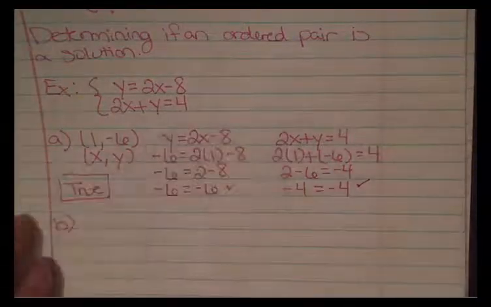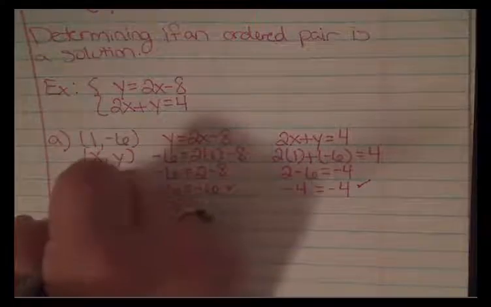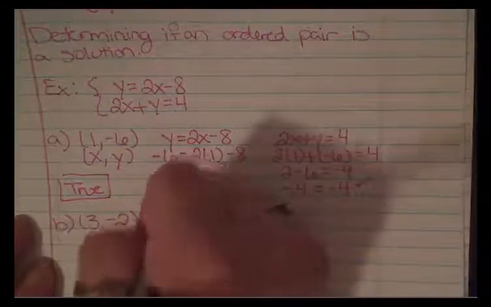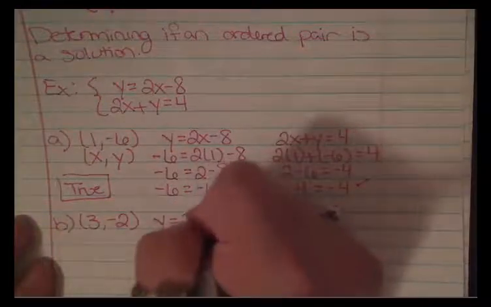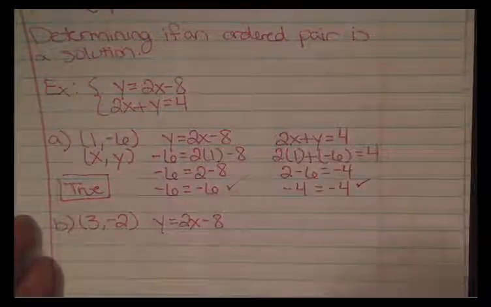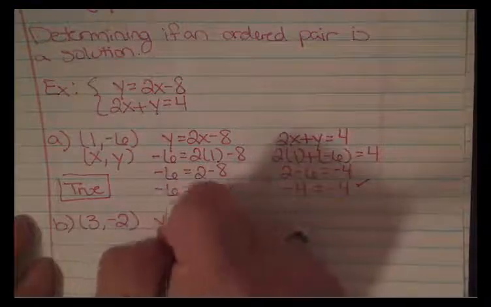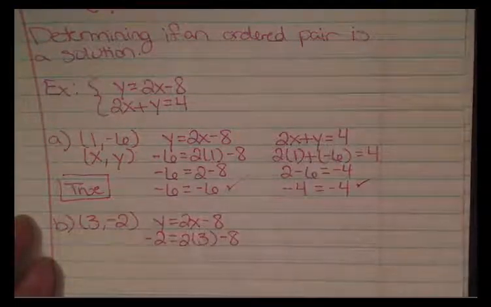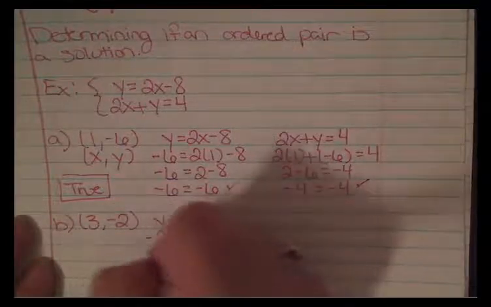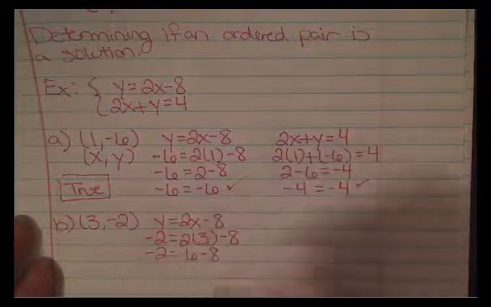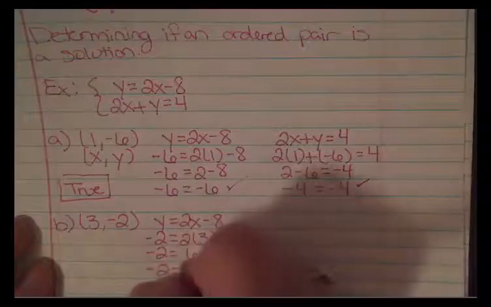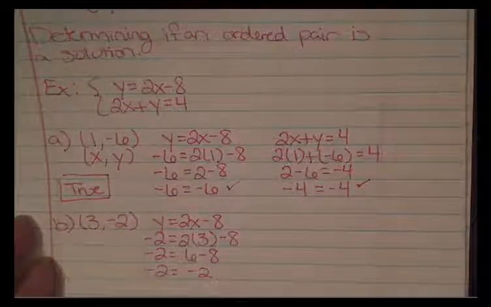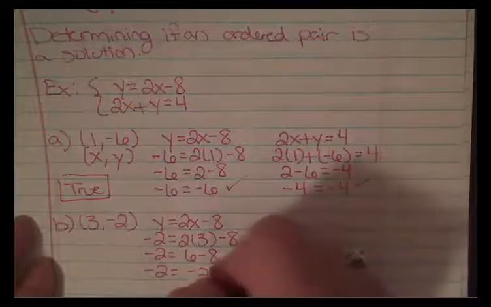B. We have 3, negative 2. You're dealing with the same system of equations, so we have the same equations, except now our y is -2 and our x is 3. So you should get -2 equals -2, so that's a good thing.